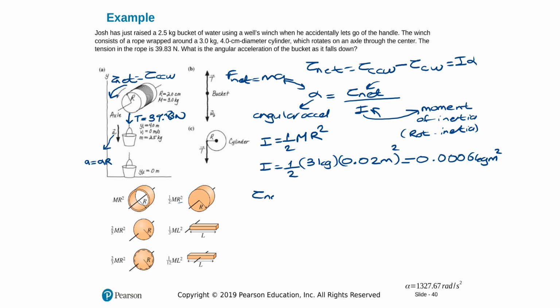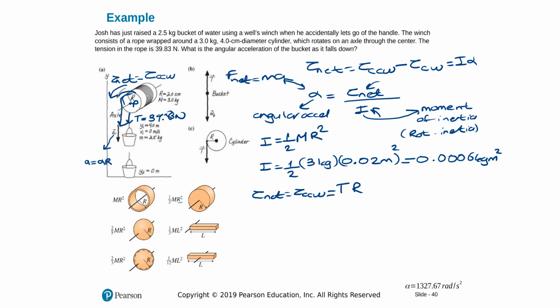And my tau net again will be only tau counterclockwise. Just one force we have, and that force is causing a rotation, so tau net is only that. And that will be equal to the tension force times R. The rotation is about this axle here, so that would be my pivot point. The tension force, if I draw it, we'll see better, is going around the pivot point here and down.